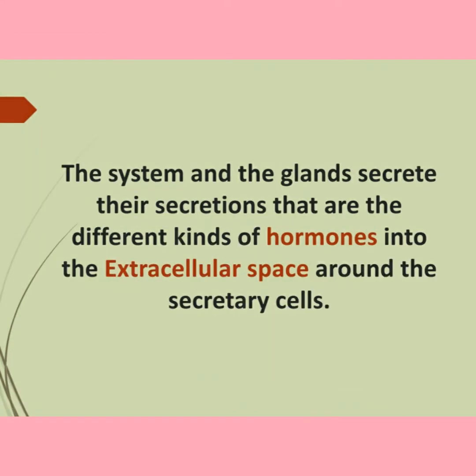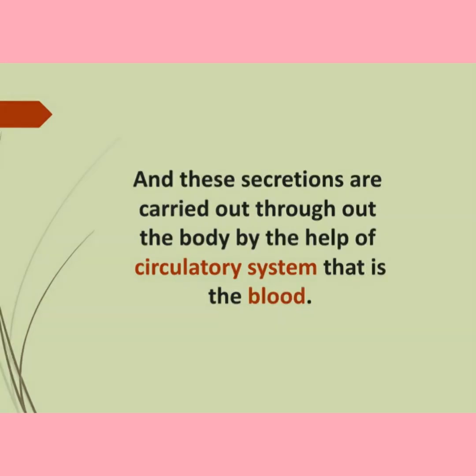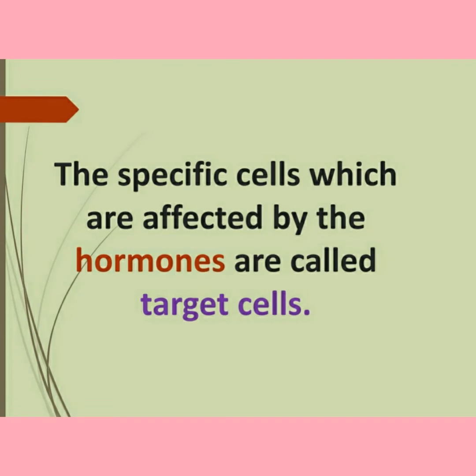The glands secrete their products, that are the hormones, different kinds of hormones, into the extracellular space around the secretory cells, and these secretions are carried throughout the body with the help of the circulatory system, that is the blood. And the specific cells which are affected by the hormones are called target cells.